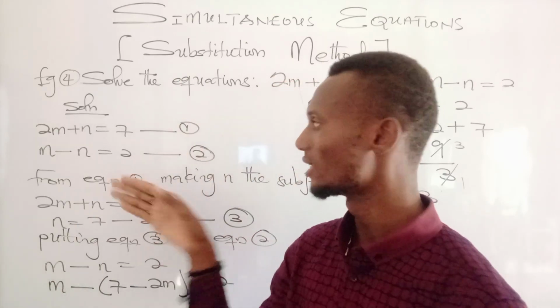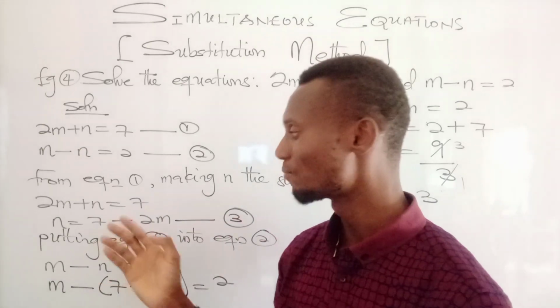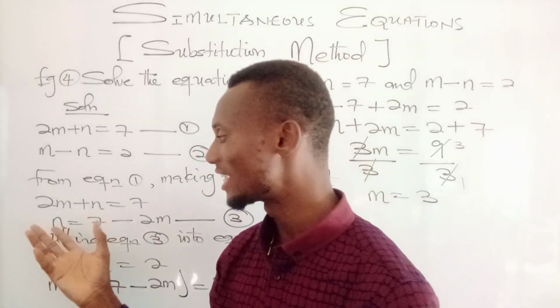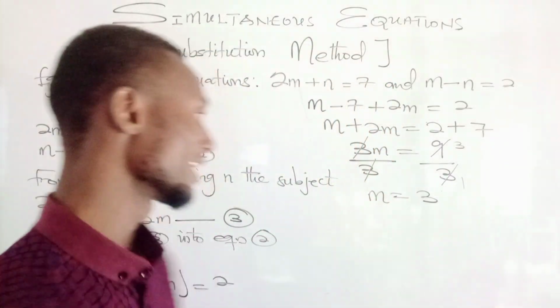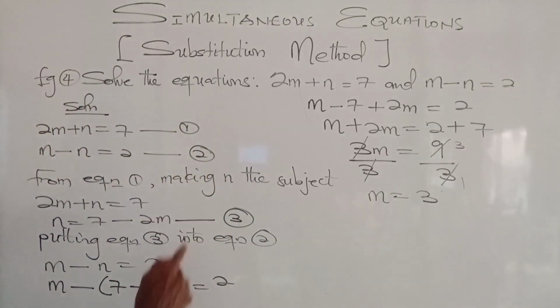If you use equation 1 or 2, you get the same answer, it's just simpler with equation 3 because the n you want to find has already been made the subject. So I'll put my value of m equals 3 into equation 3 to solve for n.